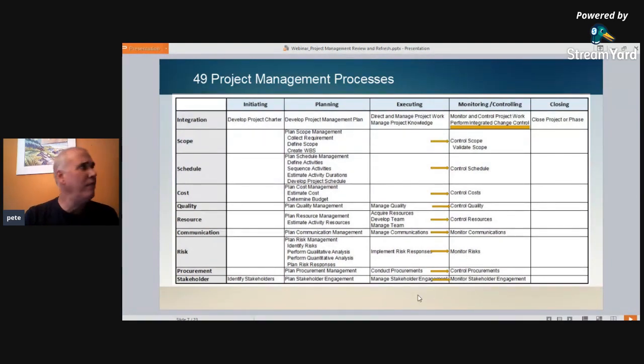So we're going to have one of each of these knowledge areas in either a monitoring or controlling process. That is up to 20. That's nearly half of your processes. So it kind of makes it a little less daunting if you're trying to study and prepare for a test. If you just looked at it that way, it makes sense.